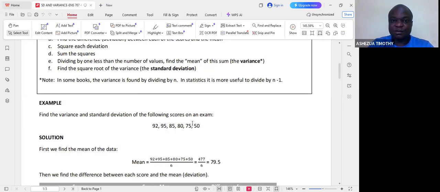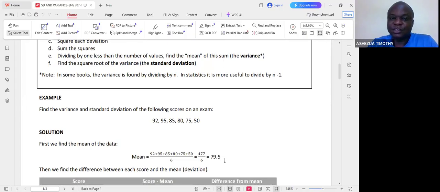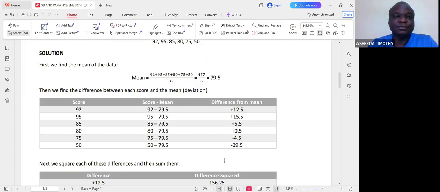The mean is adding up all these scores, divided by 6. Why are you dividing by 6? Because we have 1, 2, 3, 4, 5, 6. So 477 divided by 6 is equal to 79.5. This is the mean. That's the class average.